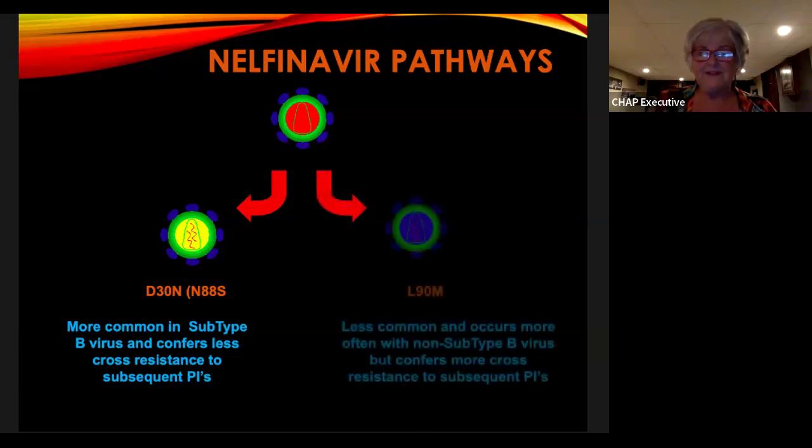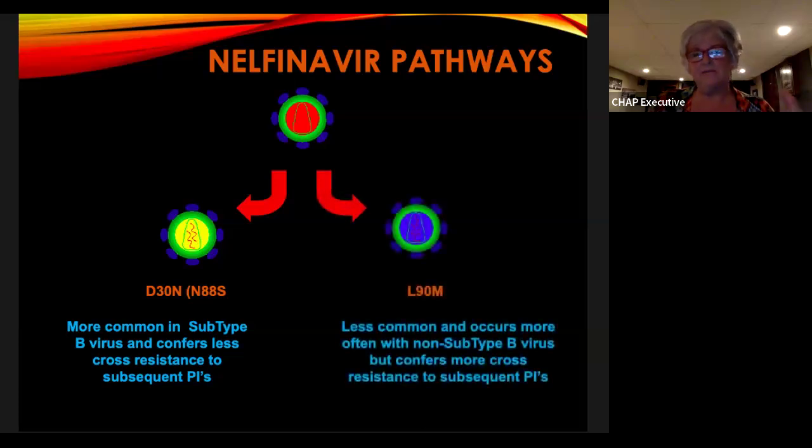However, if the person was in non-subtype B virus, like clade C or clade AE, or from possibly another country that's not North America or Europe, then the L90M mutation would be more likely to occur. This is another example where the mutational pathway is different depending on the clade of the virus.